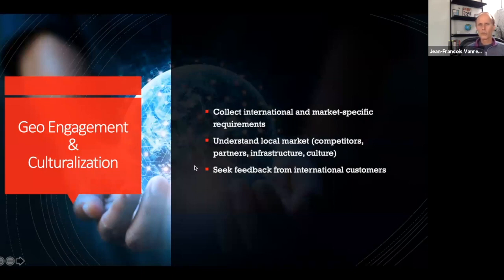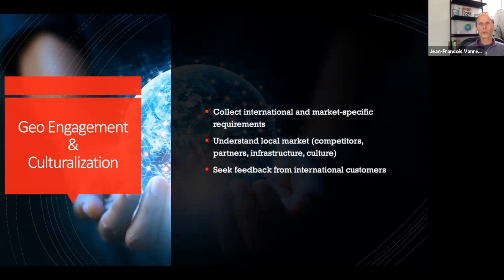Then the third key recommendation here is to really engage once you go global, and you have these products, you want to really engage with your local offices, and what we call, at Adobe at least, we call them geos. And you want to understand what are the issues, what are the requirements that you have in those regions that are maybe a little bit different than what you see in the United States.